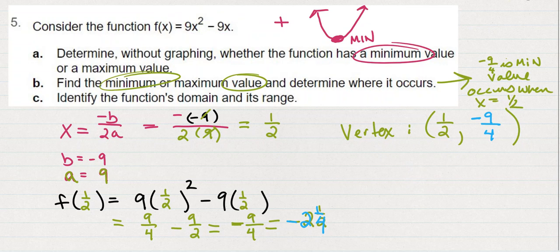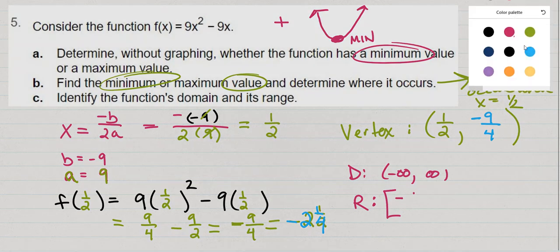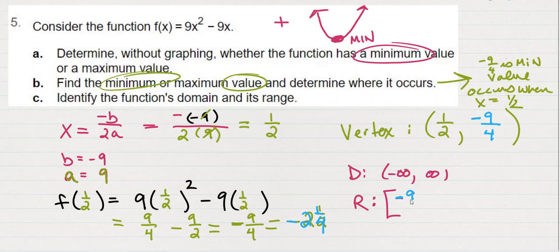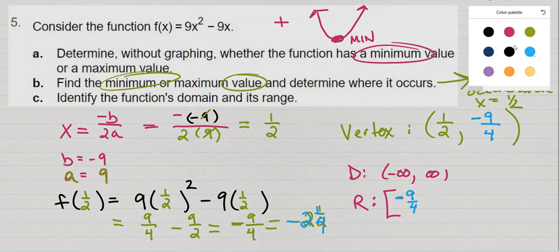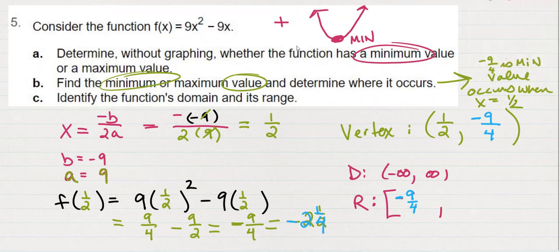So for this quadratic, the domain is all real numbers. We could use any x from negative infinity to infinity. But the range has a minimum. The range starts at negative 9/4. Starts at this low point, right? But then it goes up to infinity. So the range is negative 9/4 to infinity.